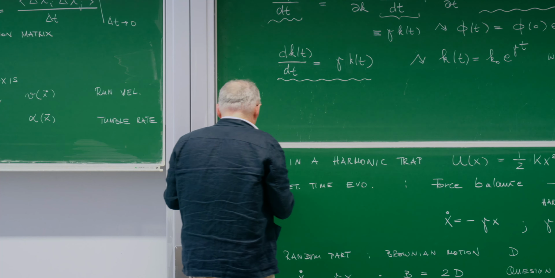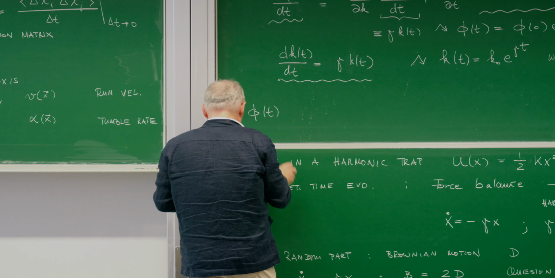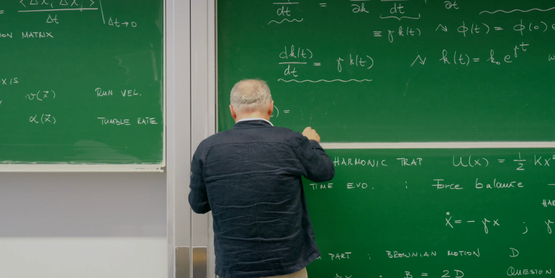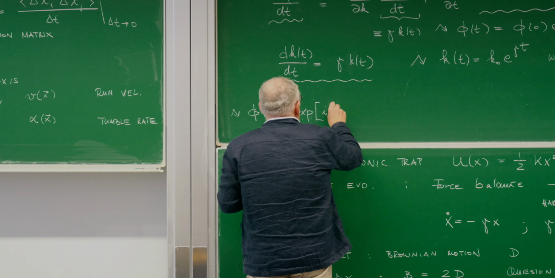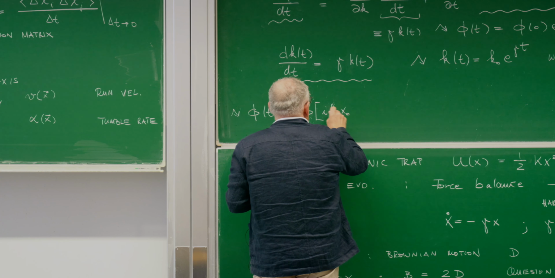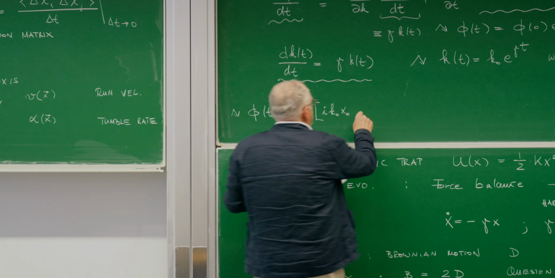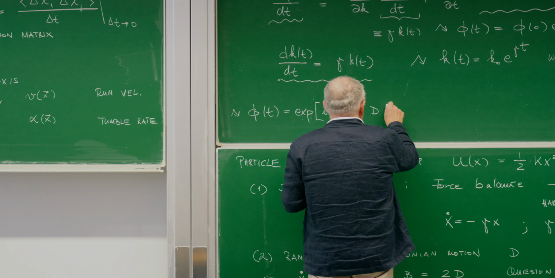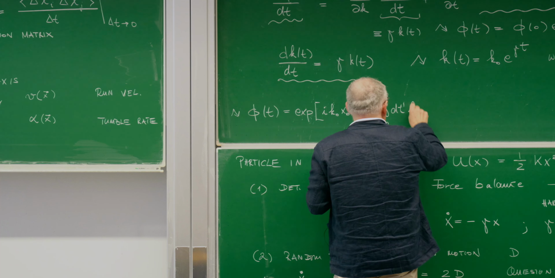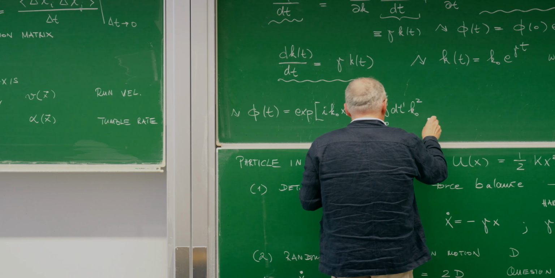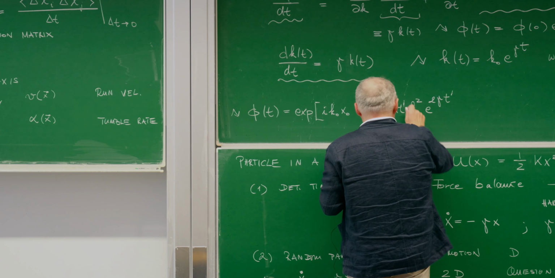So taking things together, what I have is φ of t equals the exponential of i k0 x0, that's the initial condition φ of 0, and then minus D integral 0 to t dt prime k0 squared e to the 2γ t prime.